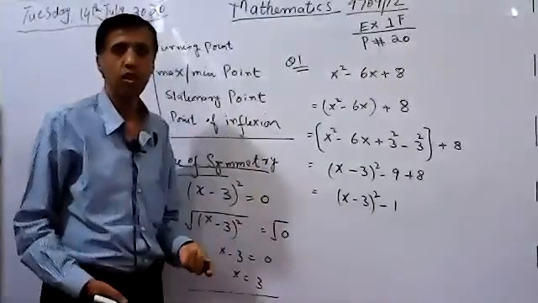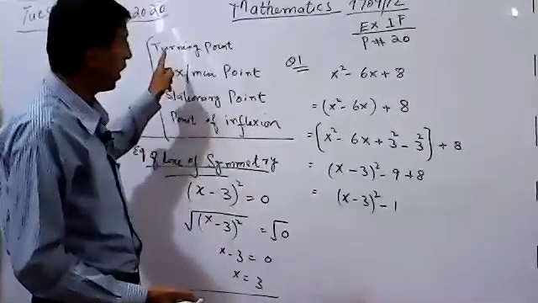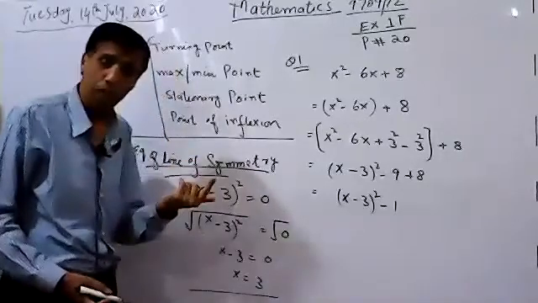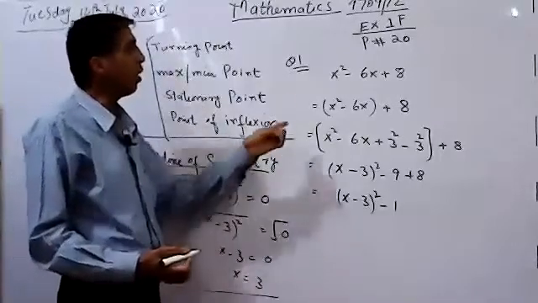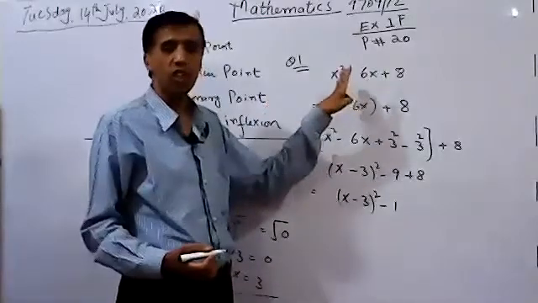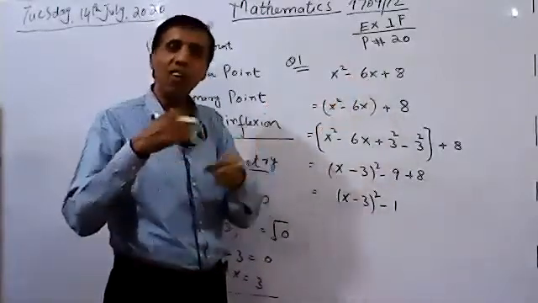Now the second thing: Cambridge asks the question about how to get its maximum, minimum point, turning point, stationary point, point of inflection. Actually, this equation is always equal to y.